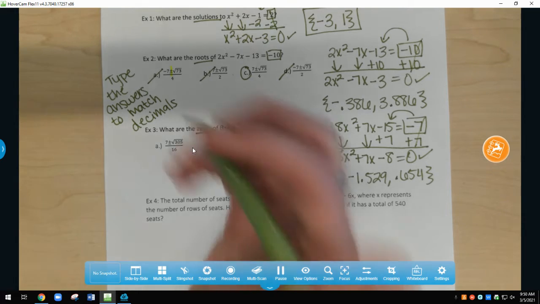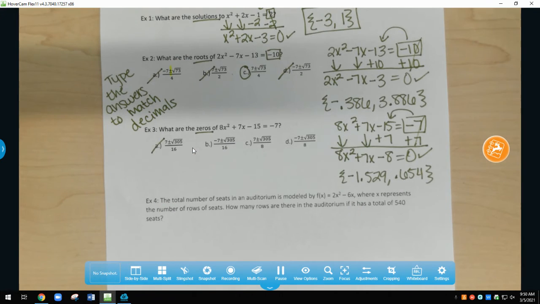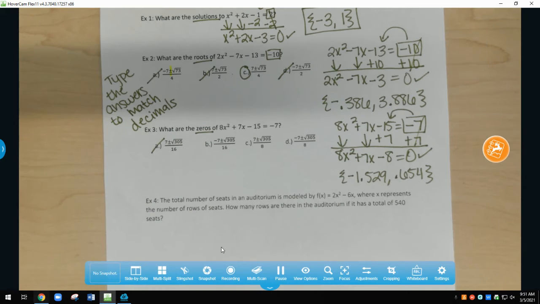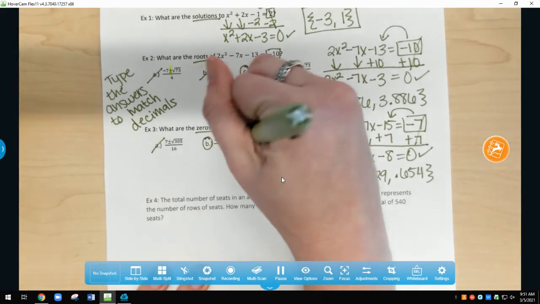So that tells me answer choice A is out. So now I'm going to just change what I need to. For answer choice B, I need a negative. And I need the denominator to be 16. Okay, so it gave us the 0.654. So we can change the plus to a minus. And that gave us our negative 1.529. So we have both of those on answer choice B.